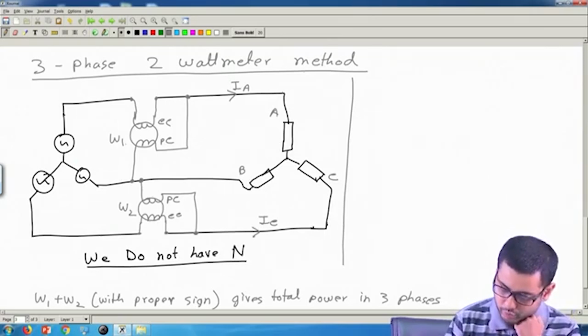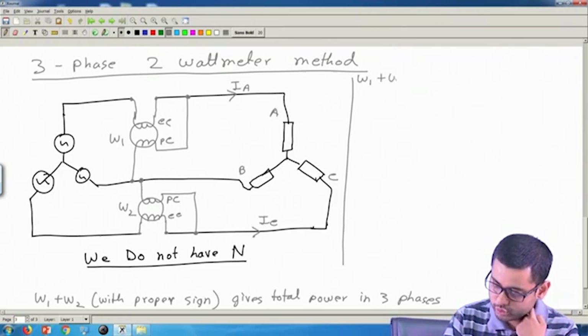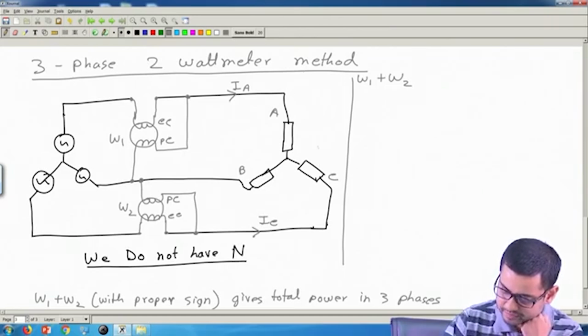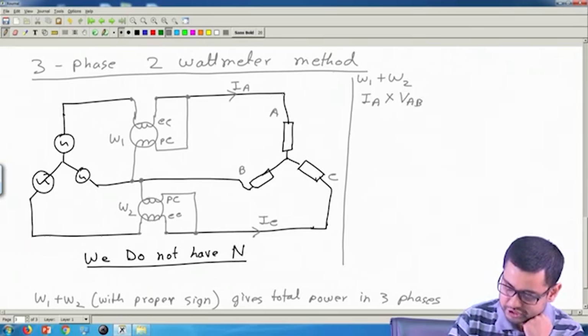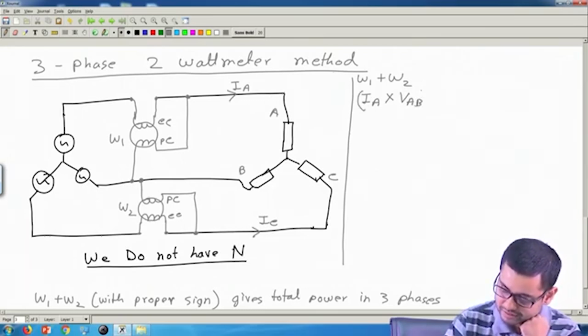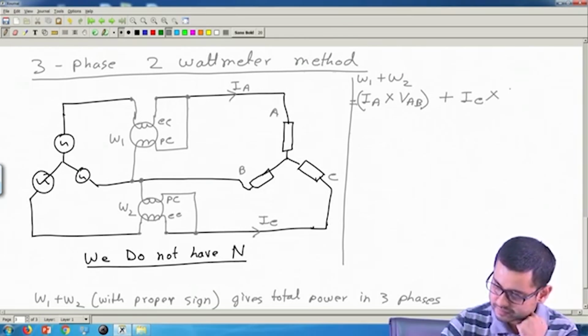Okay. Now the reading of W1. So W1, we can write this as this current IA multiplied by this voltage, which is VAB, voltage between A and B. So this is W1, and W2 will be this current IC multiplied by this voltage VCB.